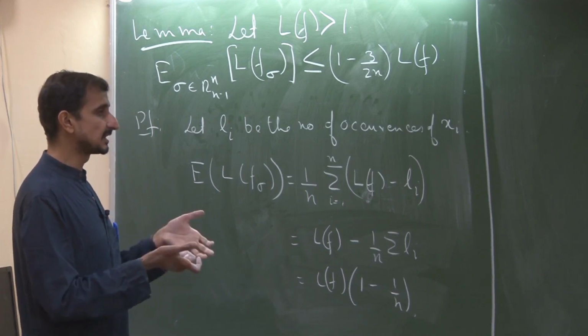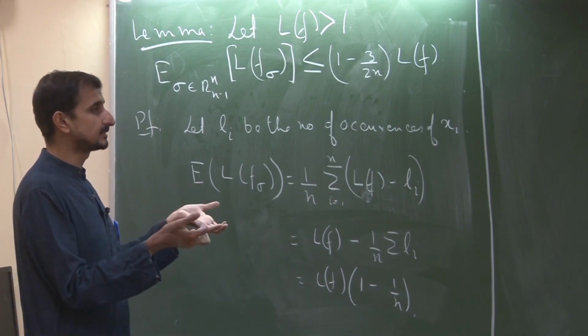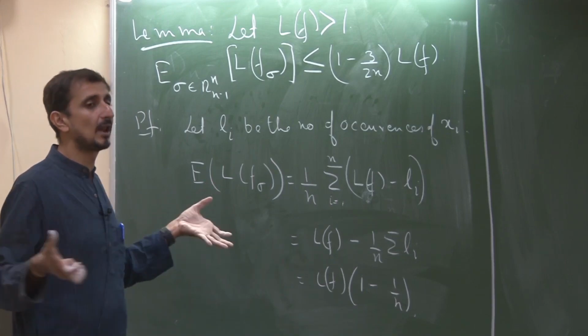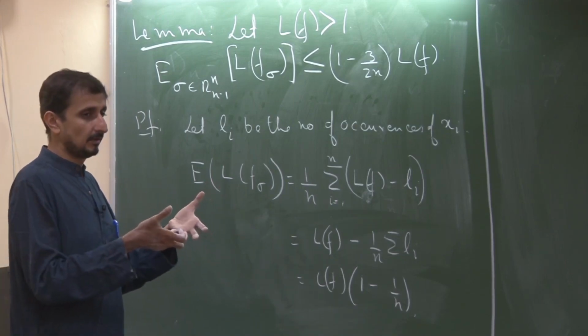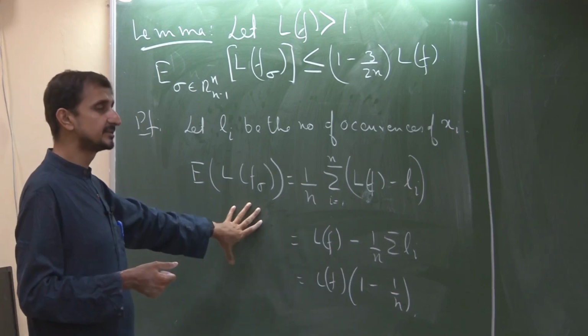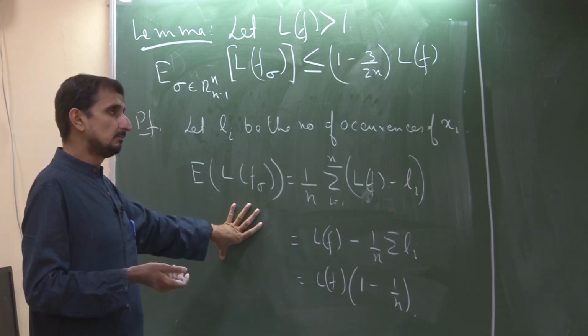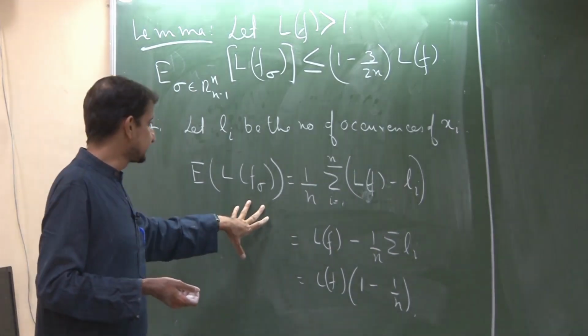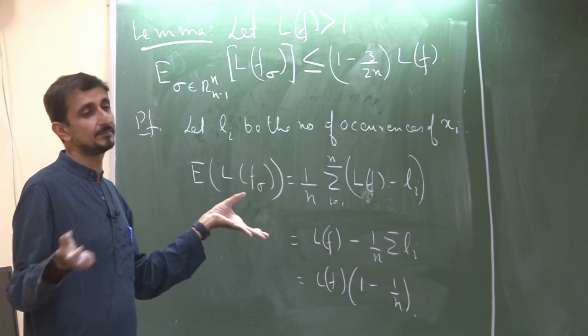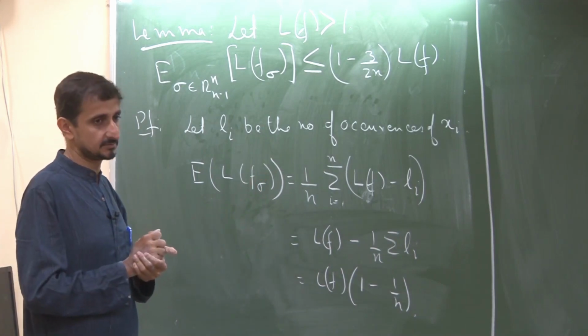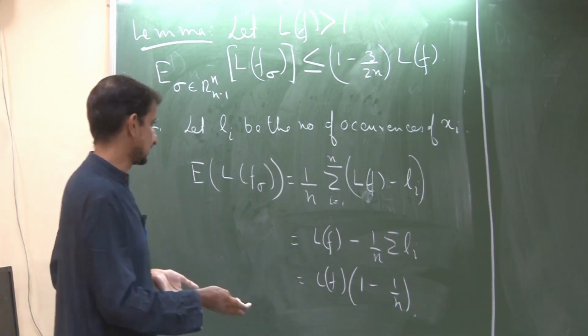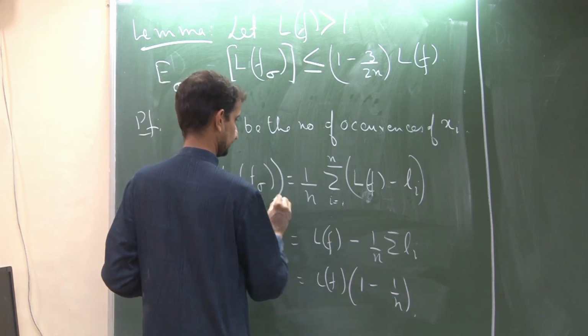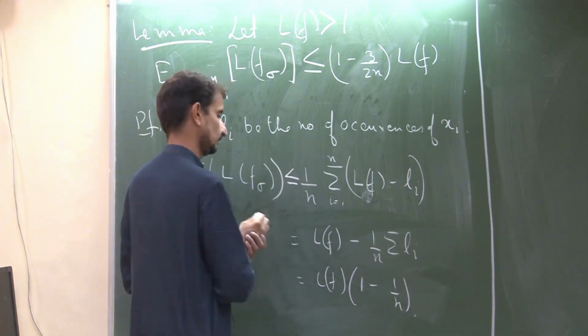The reason I am saying it's an upper bound is that sometimes the size of the formula might collapse even more, depending on what the restriction is and what gate you have. Sometimes it might lead to a larger collapse. So, this is just an upper bound over here.